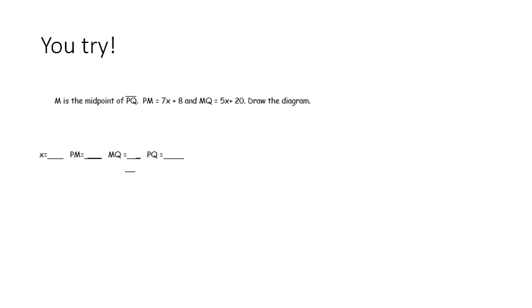Now here's one for you to try, where M is the midpoint. And it says that PM is 7x plus 8, and MQ is 5x plus 20. And draw the diagram. So let's draw the diagram together. So we have segment PQ, and we have M as the midpoint. So I'm going to try to put that right in between there.